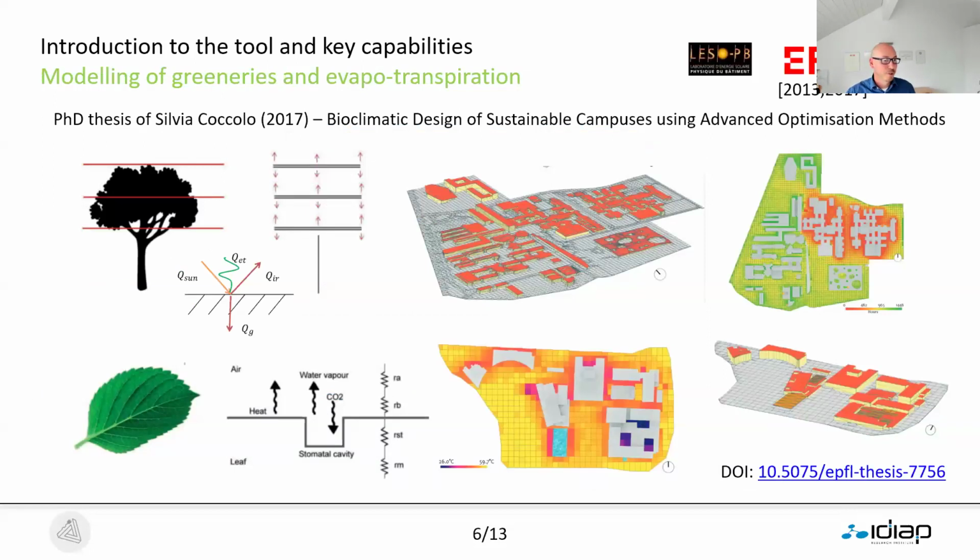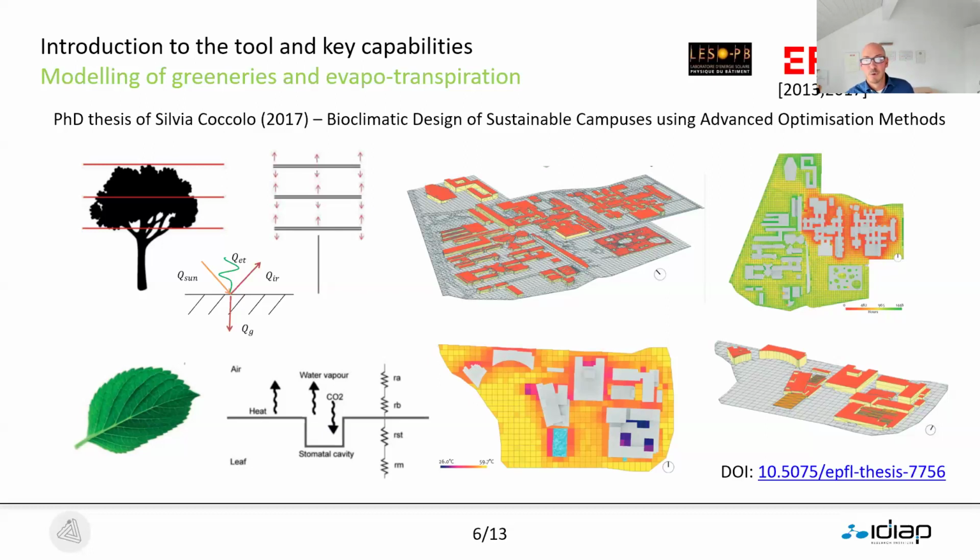And then we moved on to something a little bit different with Silvia Coccolo and her PhD thesis. Actually, we thought, okay, we can simulate buildings, we can simulate many buildings, so why not simulate also what is in between the buildings? So we added grounds to the scene, we added green areas, and we added trees.